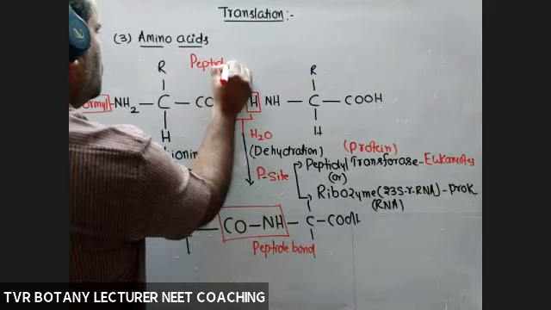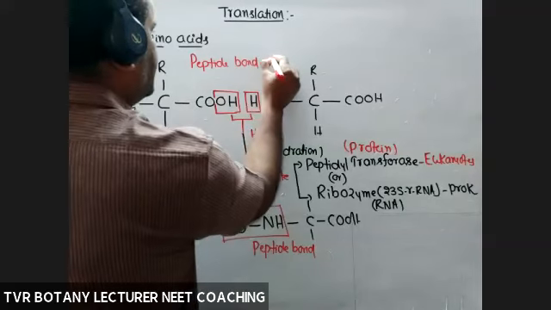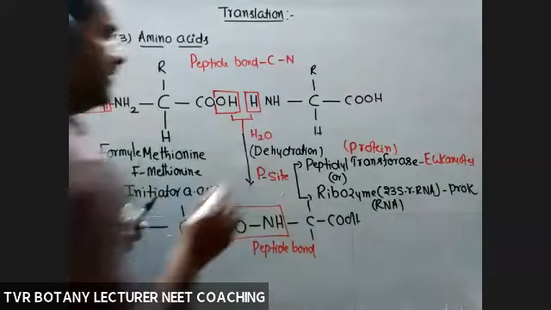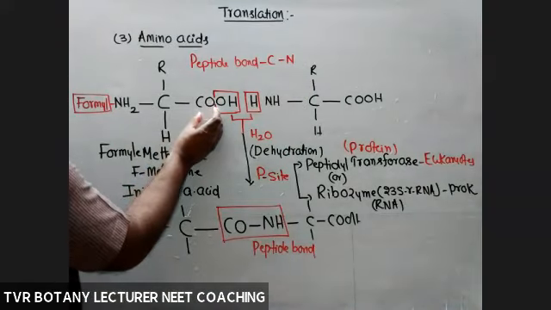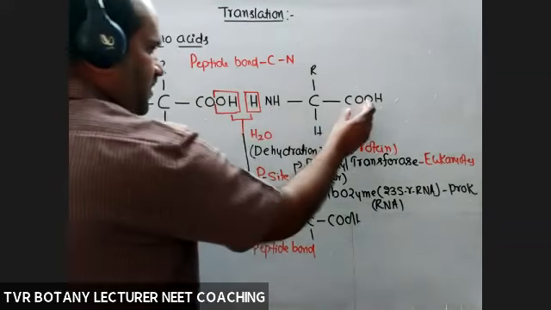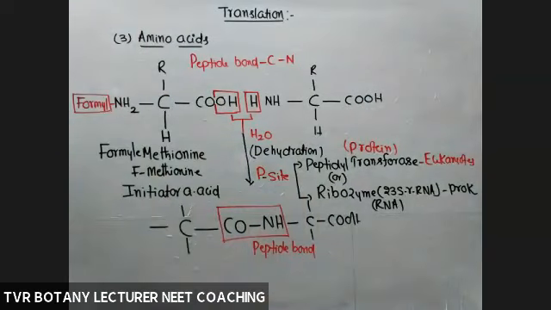So here, peptide bond formation is in the C to N direction. Carboxylic group of the first amino acid and amino group of the second one. Next, carboxylic group of the second one and amino group of the third one.